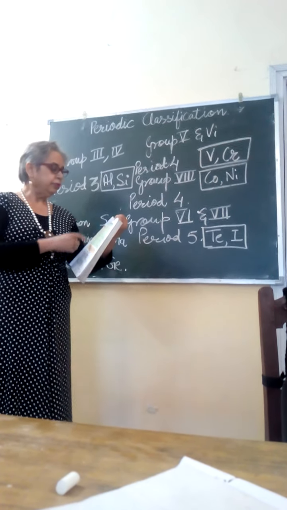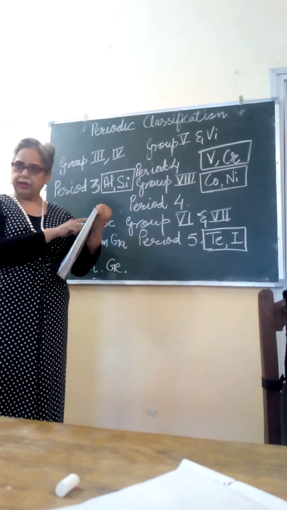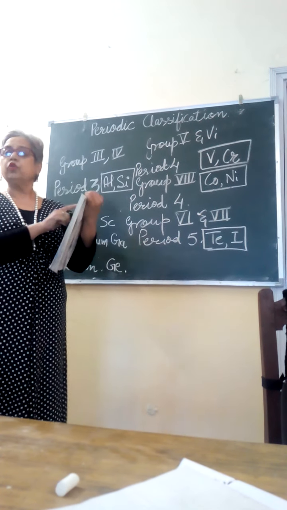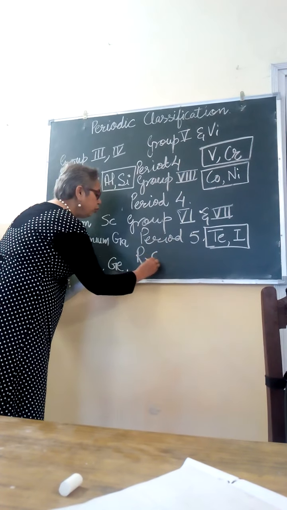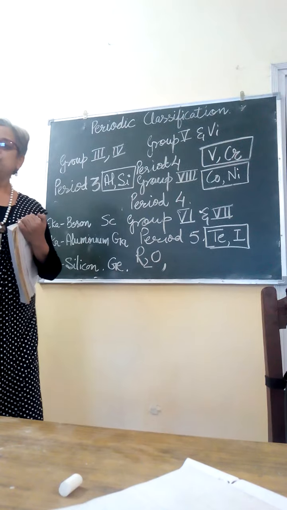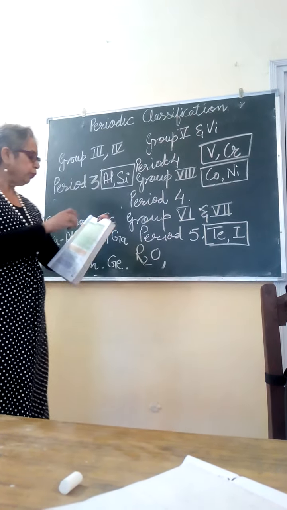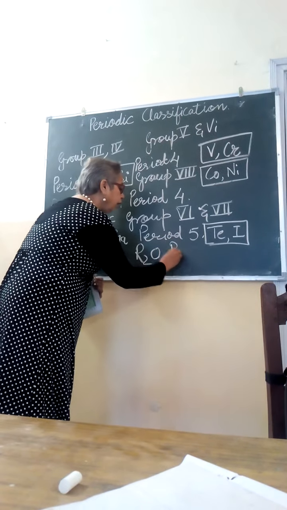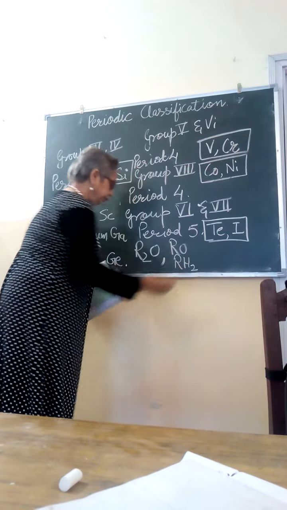Now you see, he has also mentioned oxide and hydride. Okay. Then in group 1, he has written R2O. Okay. Here R refers to any element of group 1. Then in group 2 he has written RO and RH2.